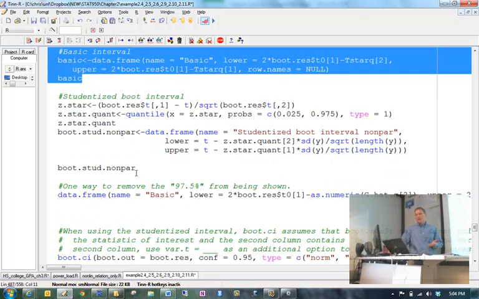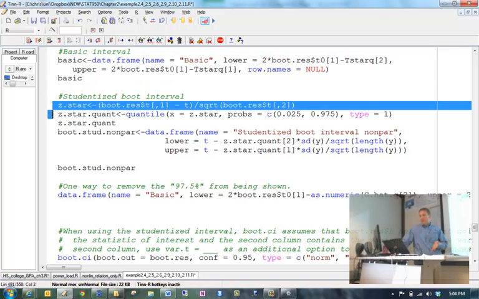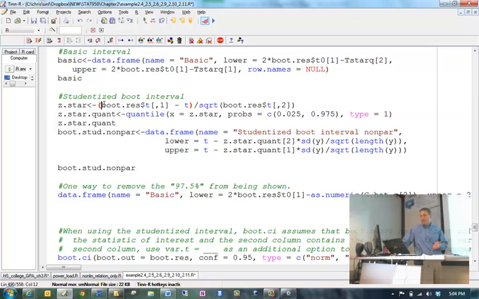But what about then the studentized interval? Well, here is how we find Z star. Simply take the first column from boot.res $t, subtract off the observed value t, which was calculated a long time ago in the program, and then divide by the square root of those V stars.